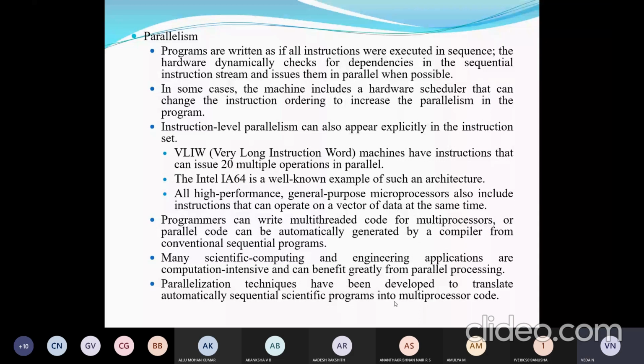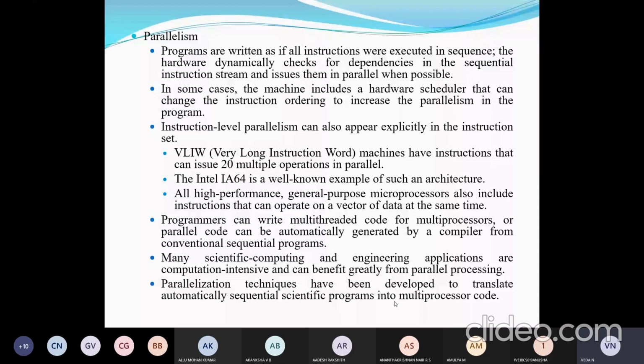Next, instruction level parallelism can appear in the instruction set. We've already seen the instruction sets in the two architectures, SIC and SIC/XE. In computer architecture there are a lot of instruction sets available, and one among them is very long instruction word, VLIW.